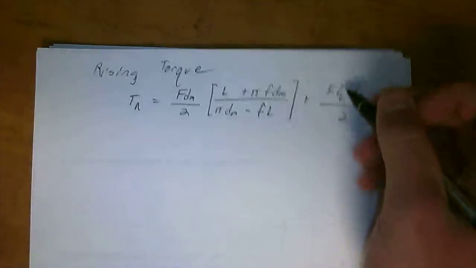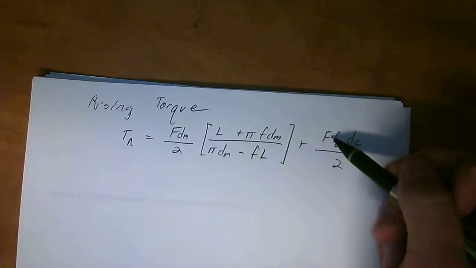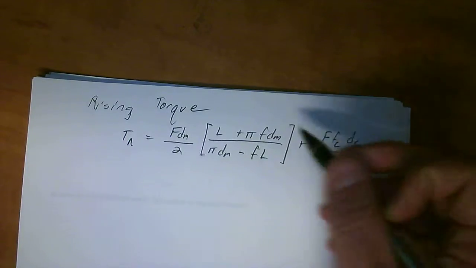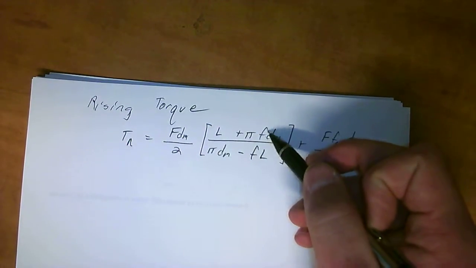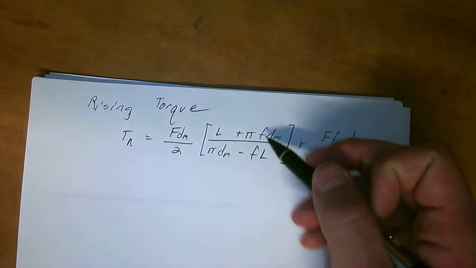So this is the total amount of force being applied, the friction force, then the mean diameter, and the coefficient of friction of the threads with the bolt or the screw, basically.